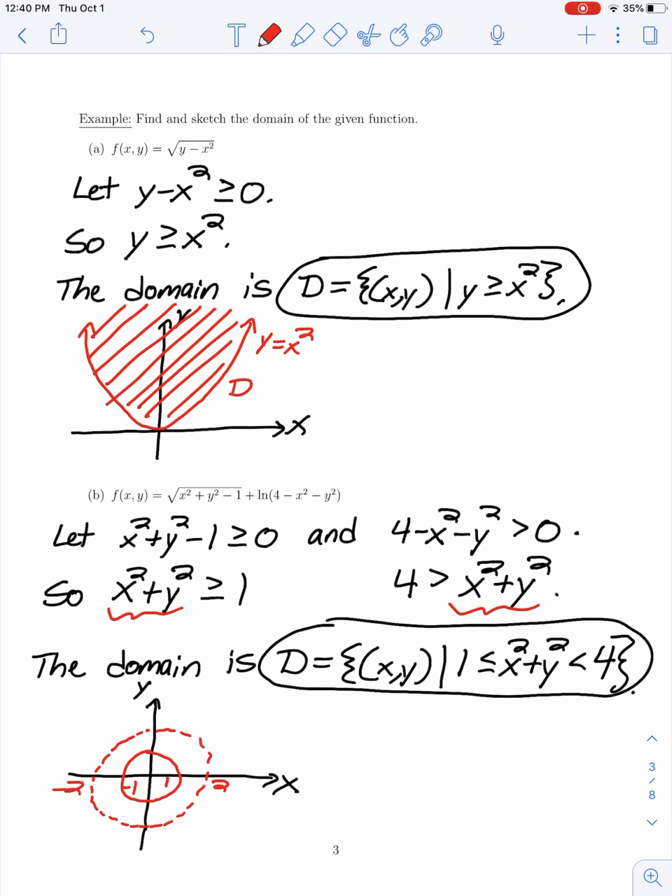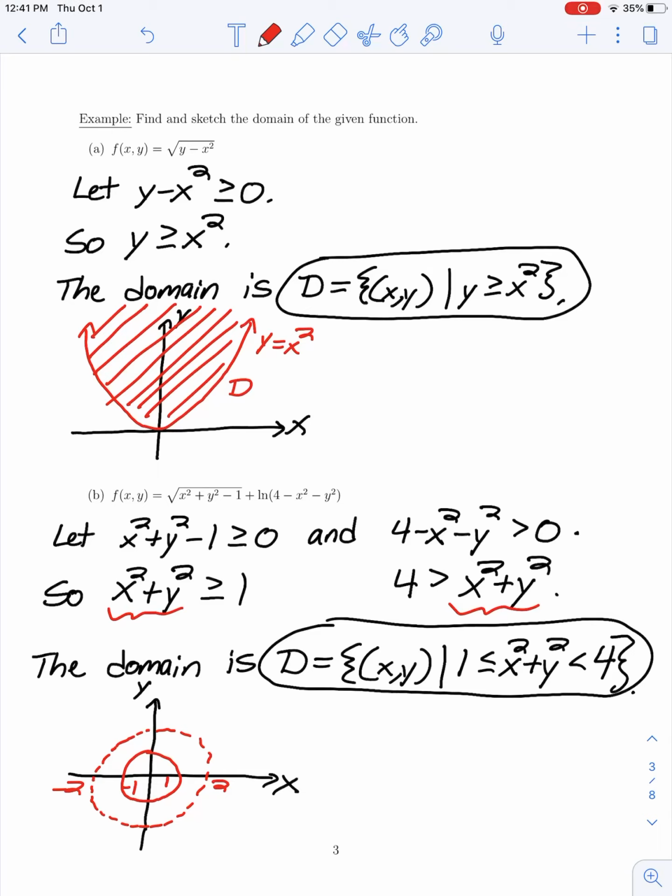And here I'm using a dotted line to sketch my curve. The reason I'm using a dotted line is to indicate that this was a strict inequality. So I can't take points on this circle since the inequality was strict, so I'll indicate that by using a dotted line, and a solid line for that inner circle, since I could take points on that circle, since it was not a strict inequality.